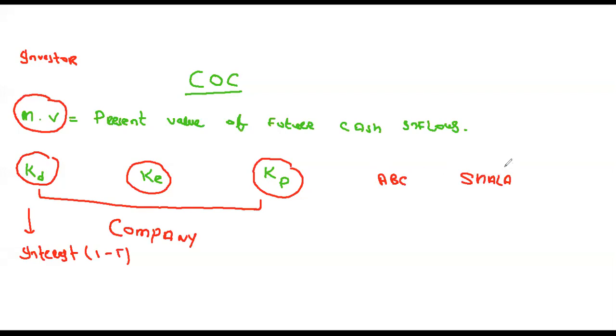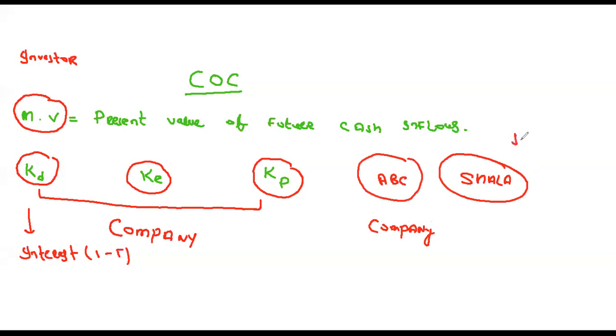Shaila is the investor, and ABC is the company. Shaila is giving a loan to the company. In return, the company pays interest to Shaila.